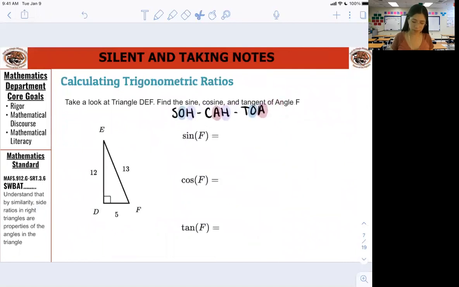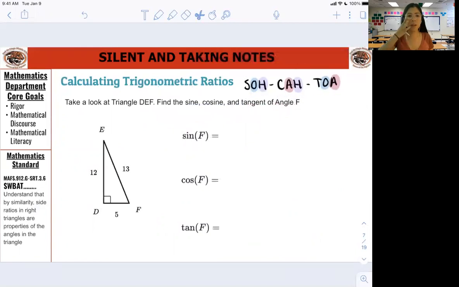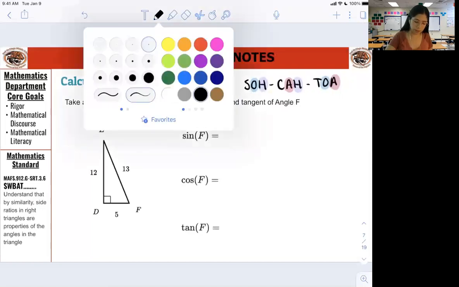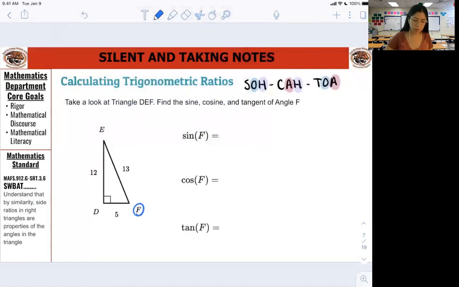Here's SOHCAHTOA, just to continue to remember what each of those means. Now we're looking for the sine of F. So I'm going to go to F, and let's always start by labeling which side is which. So where is the opposite side? Which one is my opposite?